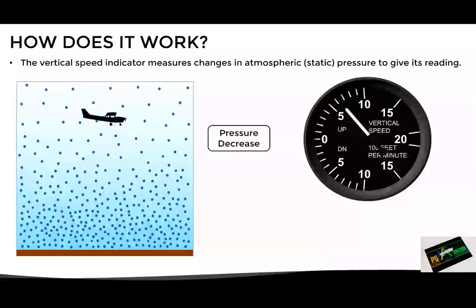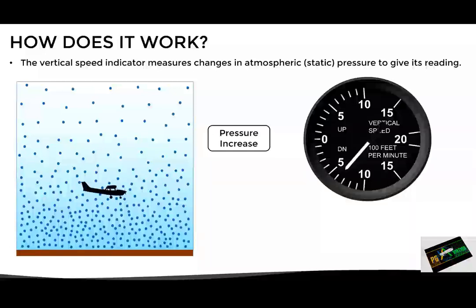Now, once the aircraft stops climbing and maintains level flight again, the pressure will remain constant, and the instrument will return to indicate 0 feet per minute. Conversely, if the aircraft starts descending, the static pressure will gradually increase. So the instrument will interpret this as an altitude decrease, indicating the corresponding descent rate.